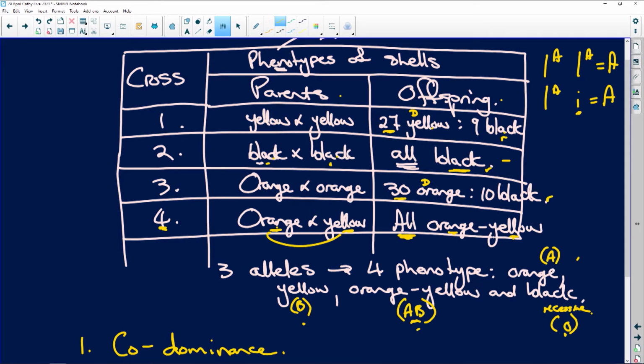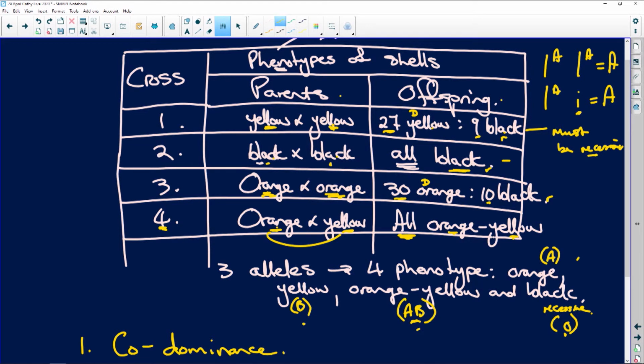And here we have yellows and we end up with 9 black. And here we have orange and we end up with 10 black, which means when we look at them, they are phenotypically orange and phenotypically yellow, which tells us that black must be recessive, because you can't see it when there is yellow and you can't see black when there is orange.